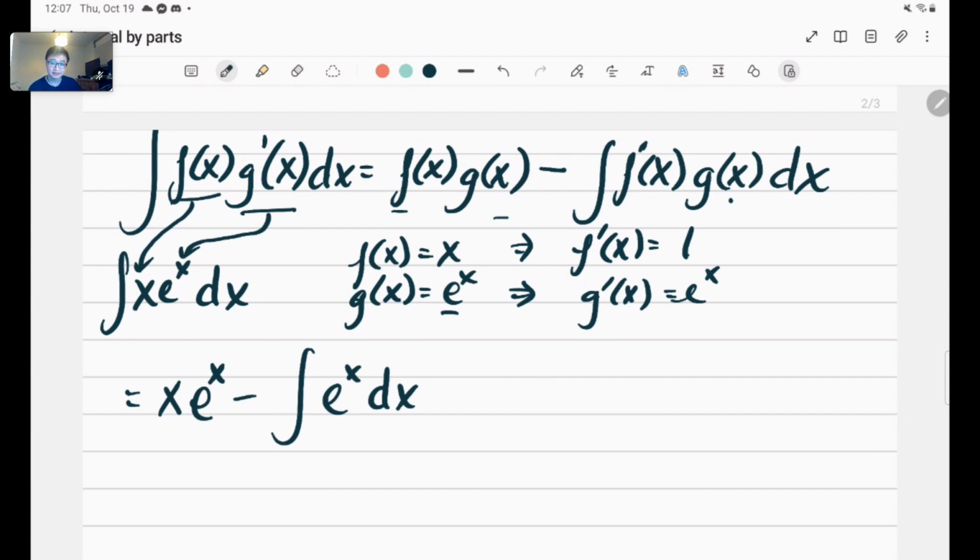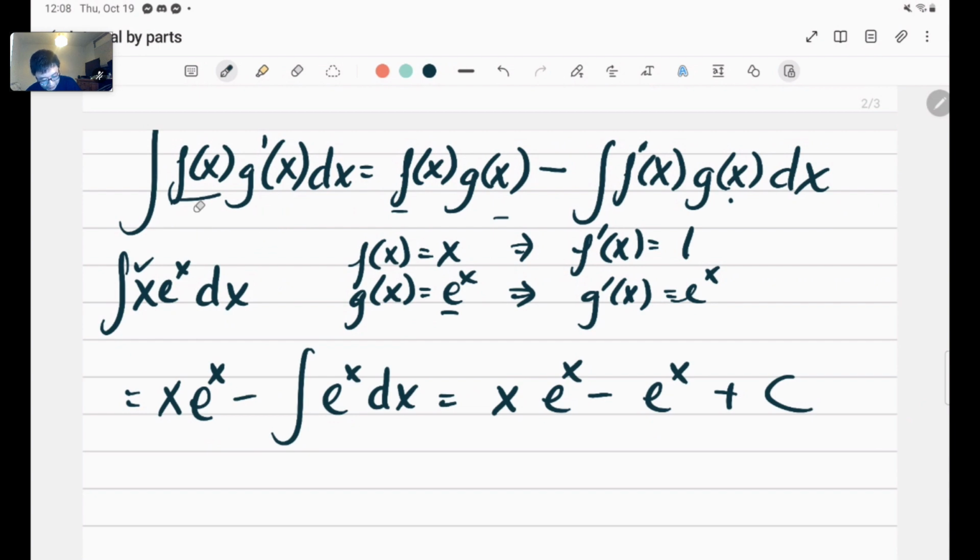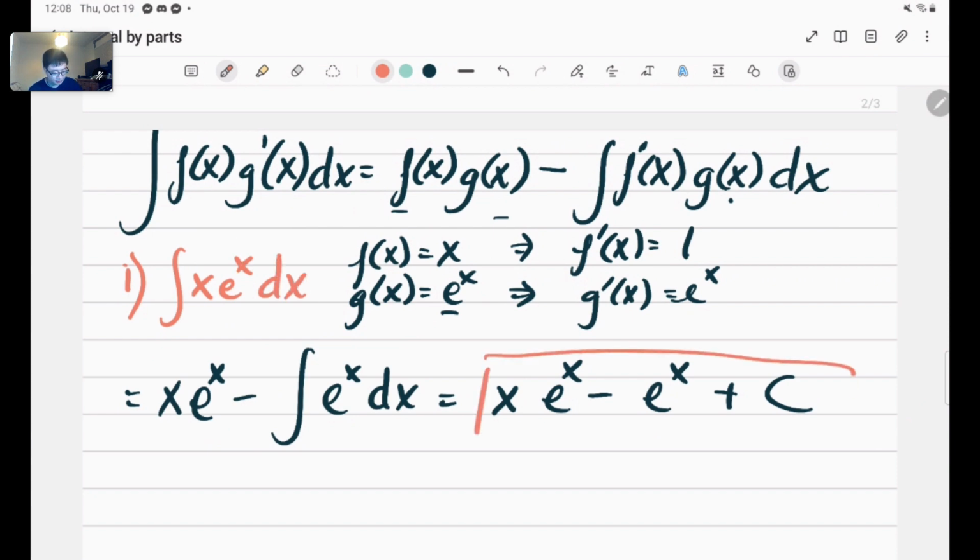You know that the integration of e to the power of x is just e to the power of x, so the result is x times e to the power of x minus e to the power of x plus c, and that is the answer for this particular problem. Let me erase this. I'm just saying this is problem 1. So for this problem, this is the answer.